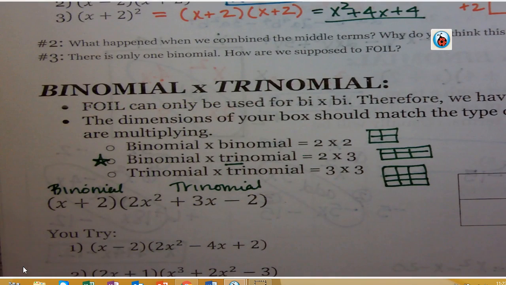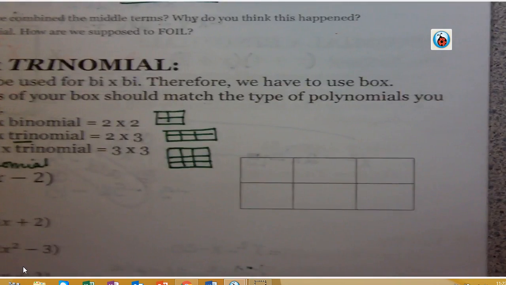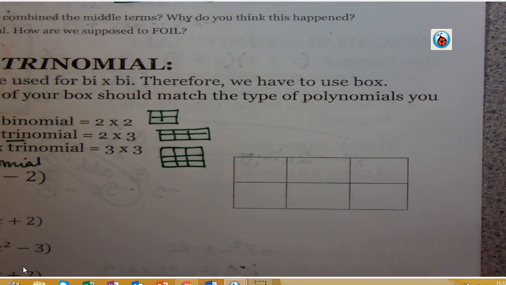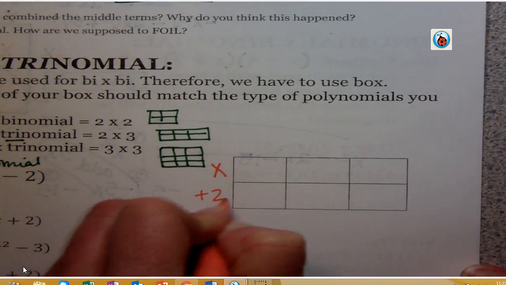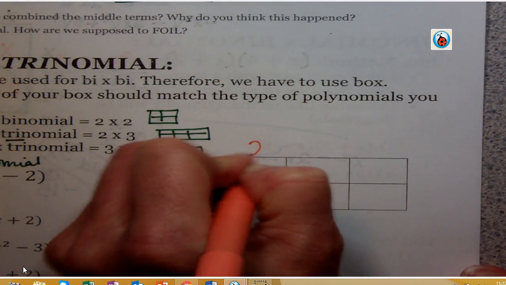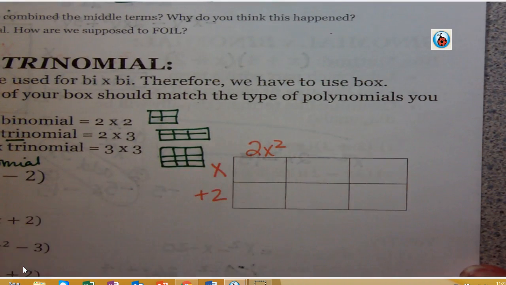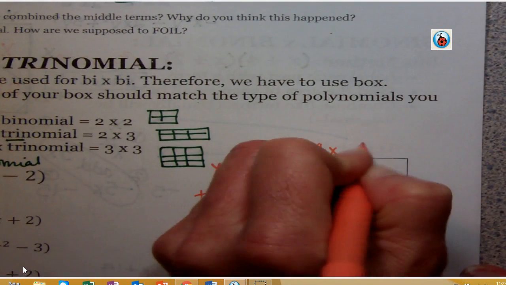You can't use the FOIL method with this. So when we put it in our box, we're going to have x here and plus 2, and then 2x squared minus 4x plus 2.